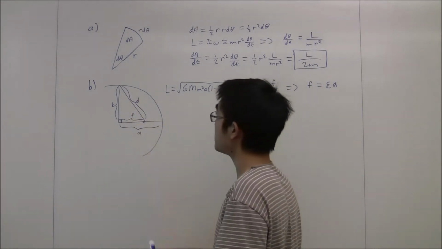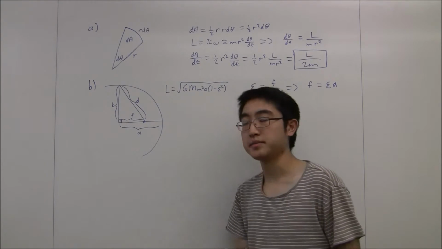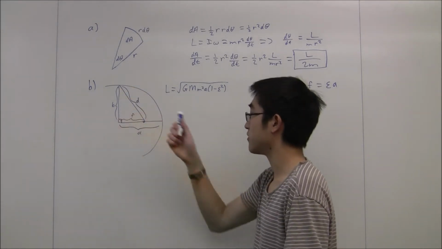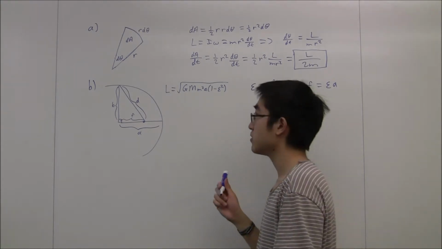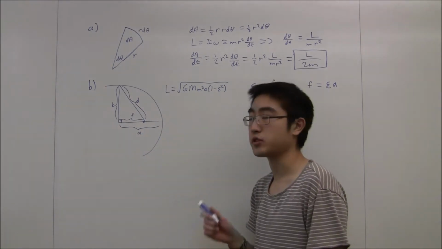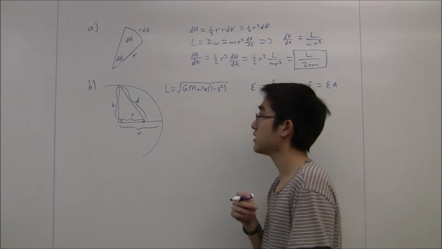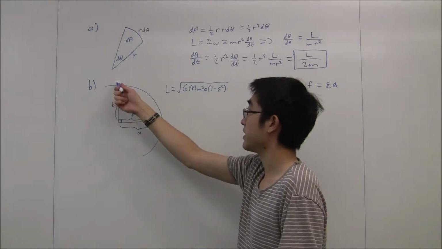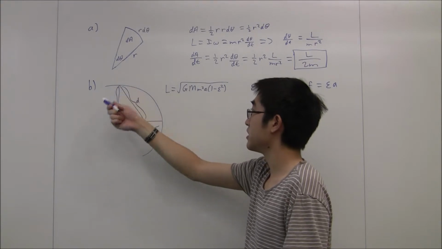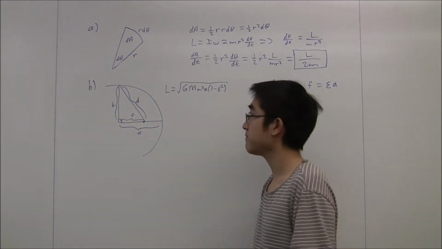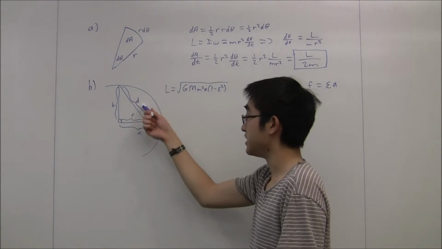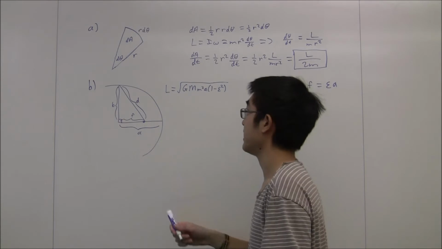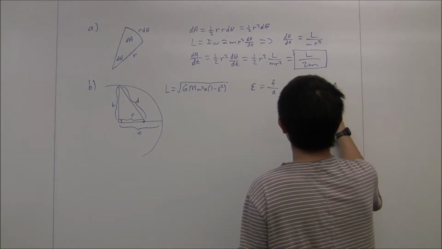Now, we also know that for any point on the ellipse, the sum of the distances from that point to the two focal points is equal to the length of the major axis, or twice the length of the semi-major axis. Now, by symmetry of this point, we know that the distance from this point to each focal point is the same, which means that this distance here, d, is equal to the length of the semi-major axis, which is a. So we also have d is equal to a.